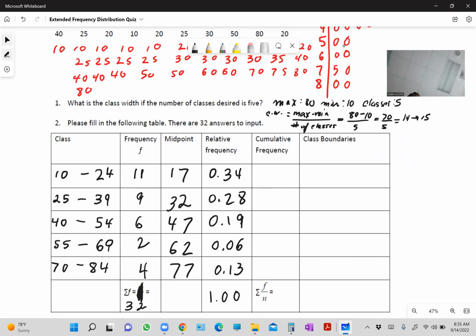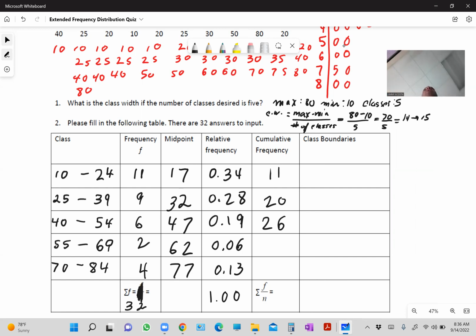All right, cumulative frequency. By the time we get to 24, we have how much? 11. By the time we get to 39, how many would we have counted? 20, because it would be 11 plus 9. By the time we get to 54, we would have counted how many? 26, because it would be 11 plus 9, which is 20, and 20 plus 6 is 26.